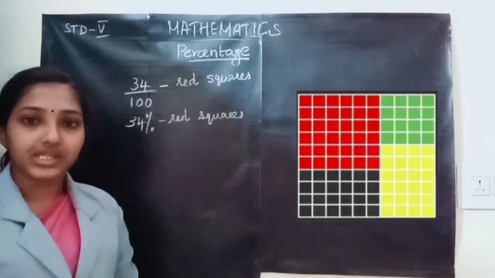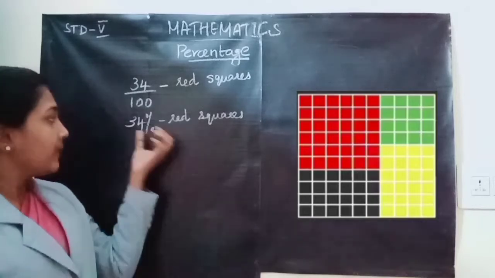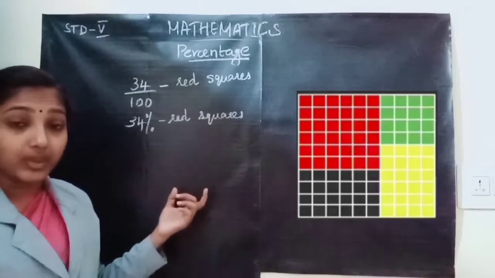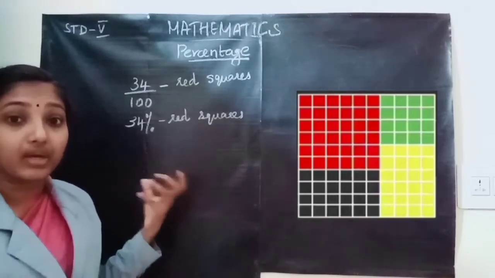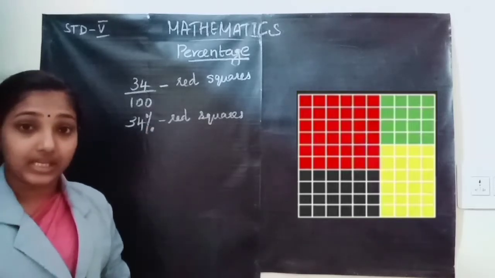So see, we can represent this whole square and a part of that whole. Red colored squares are a part of that one. So it is represented in percentage.